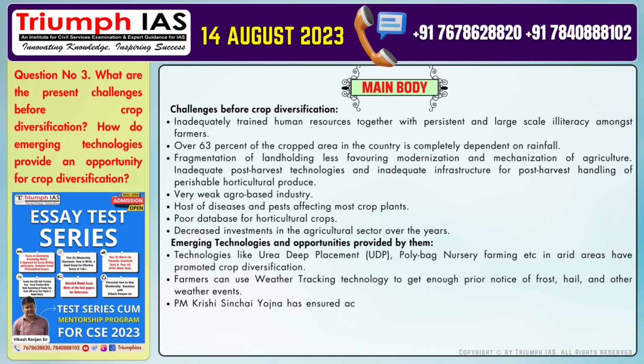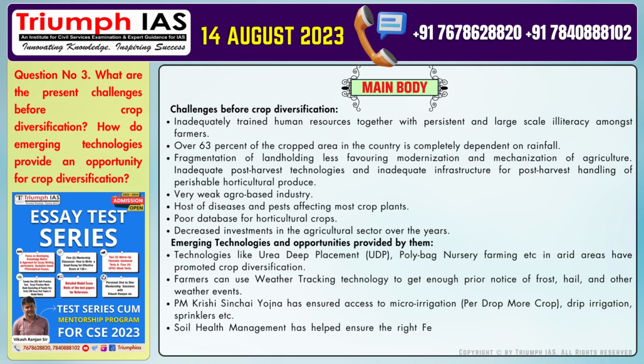Number 3. PM Krishi Sinchai Yojana has ensured access to micro-irrigation, per drop more crop, drip irrigation, sprinklers, etc. Number 4. Soil health management has helped ensure the right fertilizer usage, developing organic farming, providing GIS-based thematic mapping for soil.